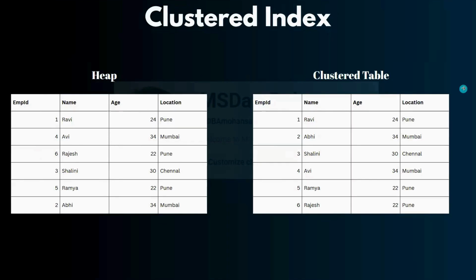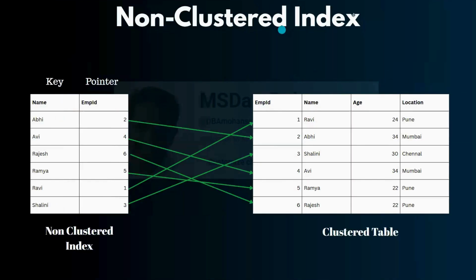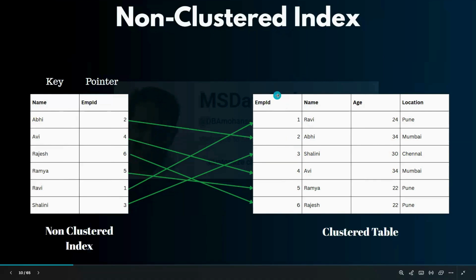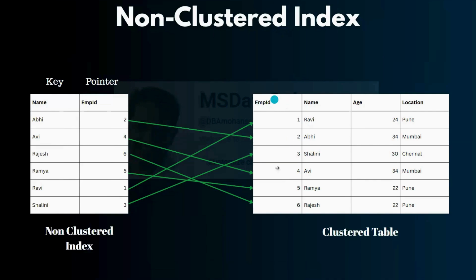And this is a heap with no clustered index or primary key. Now, if we talk about non-clustered indexes, in the case of a clustered table where you already have a clustered index or primary key on employee ID, if you create a non-clustered index, for example on the name column, it will be created in a separate page.